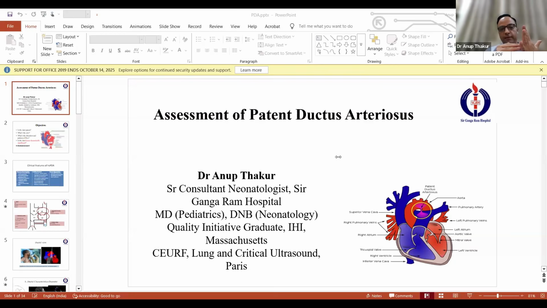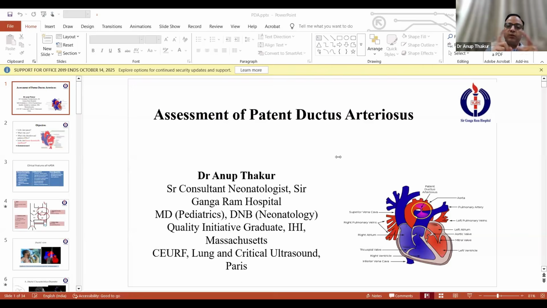That is your stroke volume. If you multiply it by heart rate, that gives you the cardiac output, and if you divide it by the weight, it gives you the cardiac output per kg per minute.